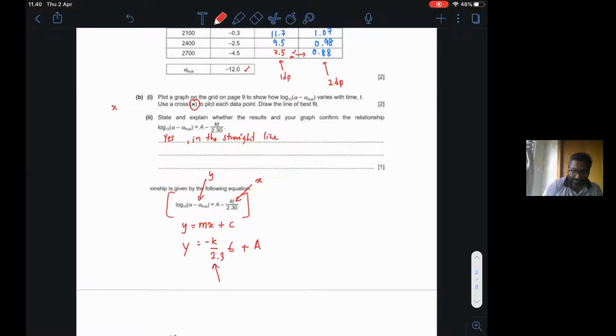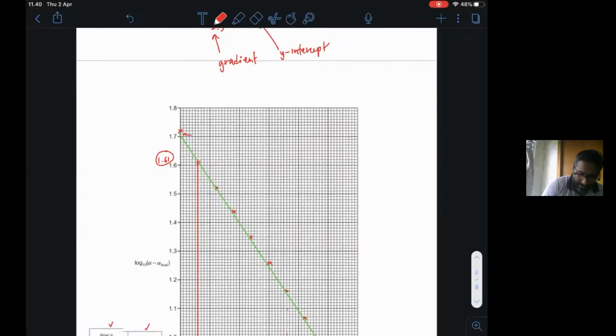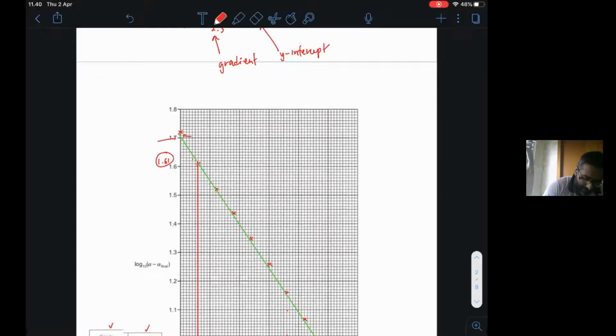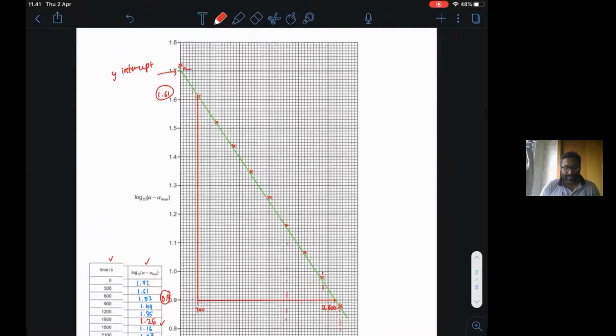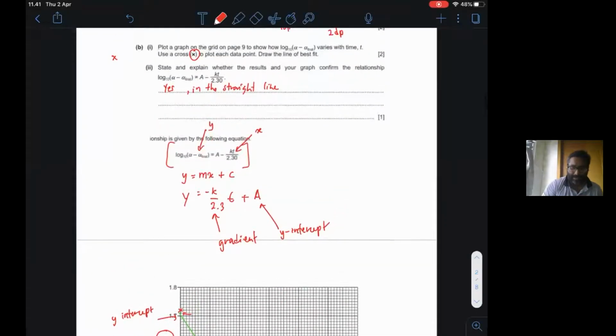So this is the gradient, and this is going to be your y-intercept. That's going to be y. So you see here, there is a y-intercept here, and all the points are within the straight line graph. So whether the results are telling us it confirms the relationship of this equation, the answer is yes.